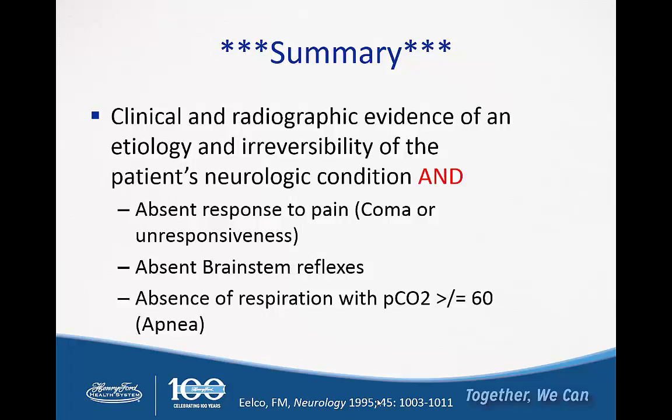The takeaway point is that in order to make this diagnosis, we need to have both clinical and radiographic evidence of an etiology that would be consistent with this diagnosis and its irreversibility, and then coma, absent brainstem reflexes and a positive apnea test.